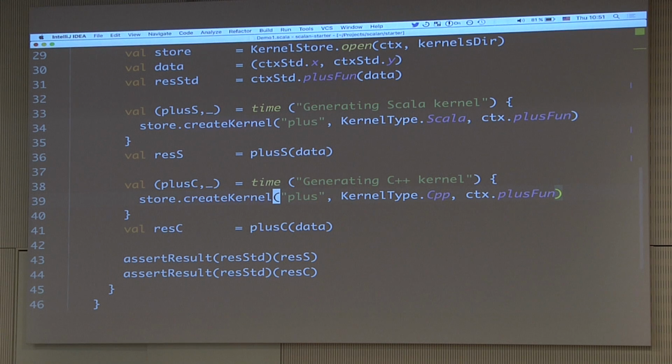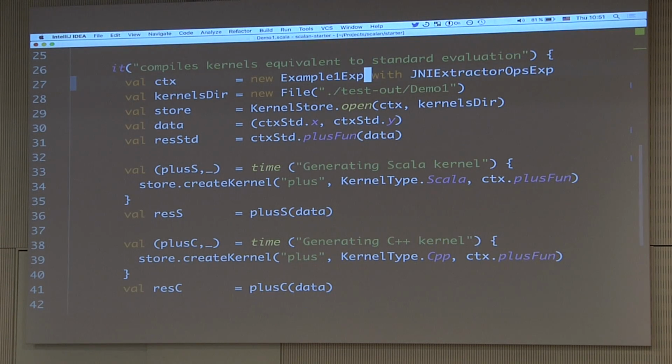We can also generate a C++ kernel, and for this reason we also use this GNI extractor trait, which we mix in to have some GNI transferring of data from JVM to C++.